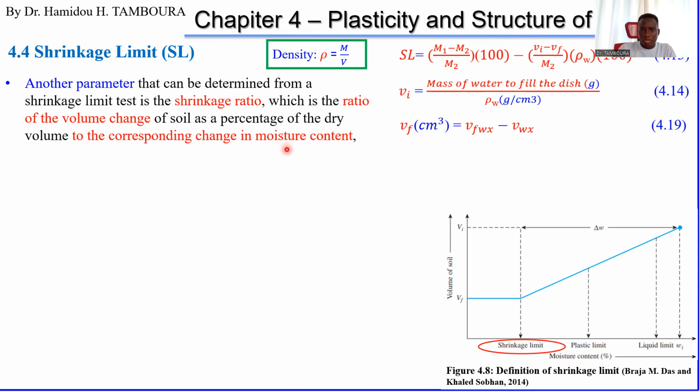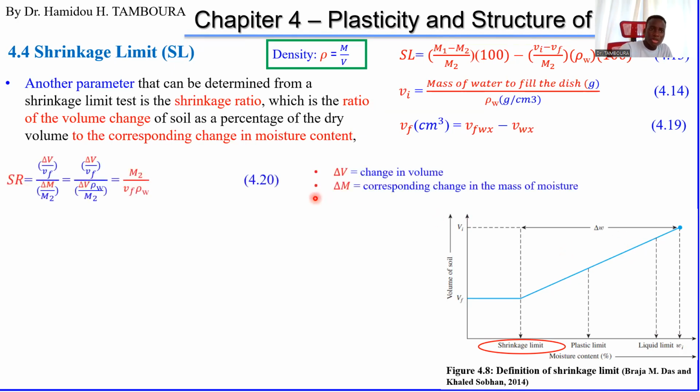The moisture content and the volume, the variation of this. This is about this formula. The variation of the volume divided by the final volume, and the variation of the mass divided by the final mass, M2.